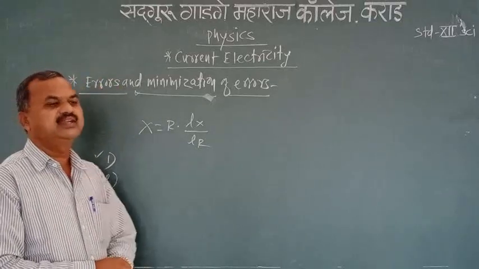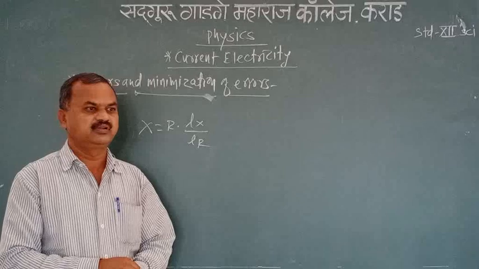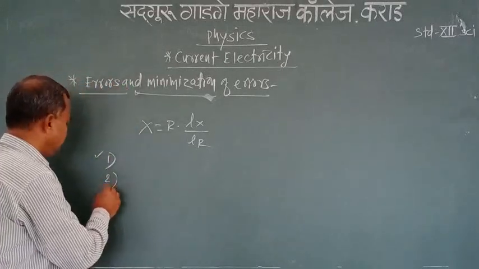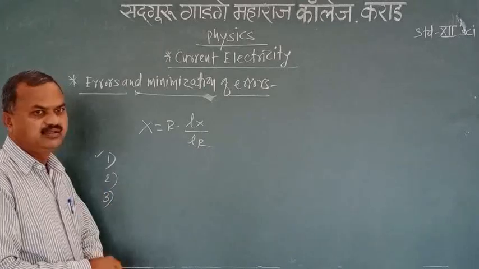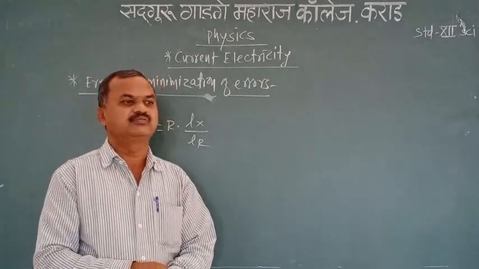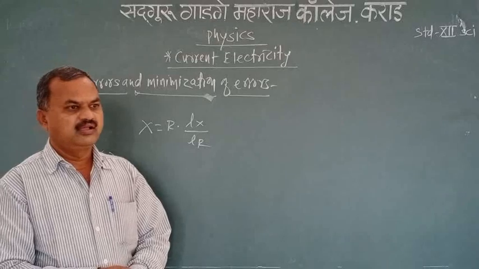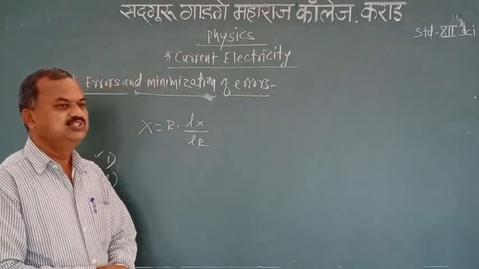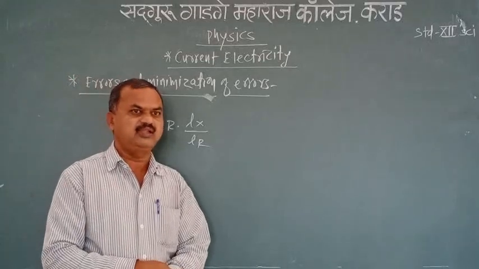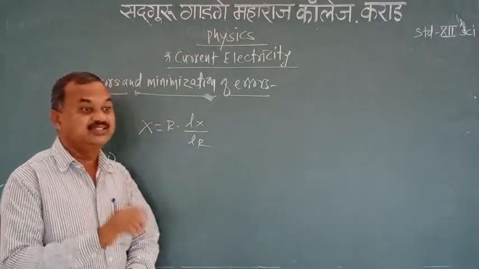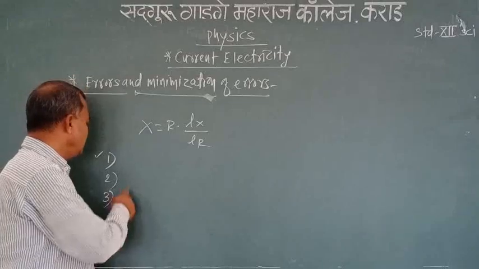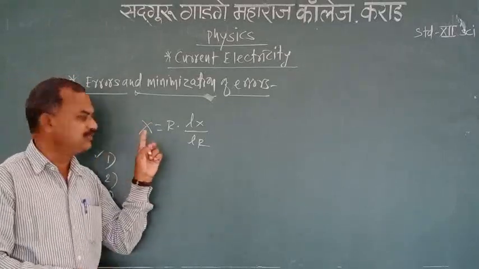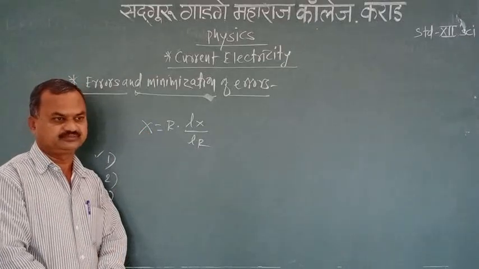So contact resistance is developed, due to which some errors occur in the measurement of X. Third, the ends of the wire do not exactly coincide with the 0 and 100 centimeter mark on the scale. These are three errors that occur while using meter bridge for determination of unknown resistance X.